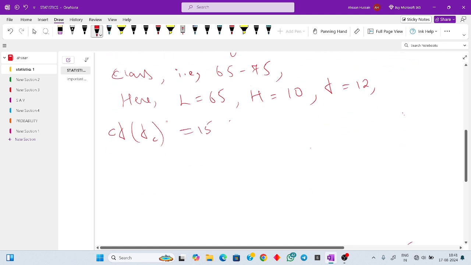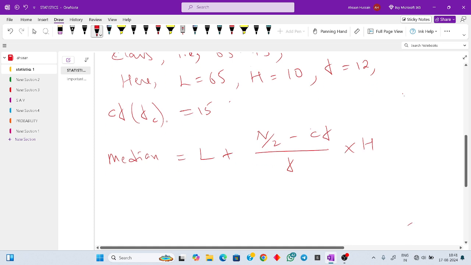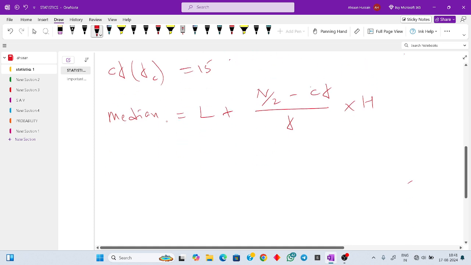Now we write the formula of median. So median equals L plus n by 2 minus CF by F into H. This formula you need to mug up, just like both formulas. So L was 65, n by 2 was 20, CF is 15, frequency is 12, height is 10.